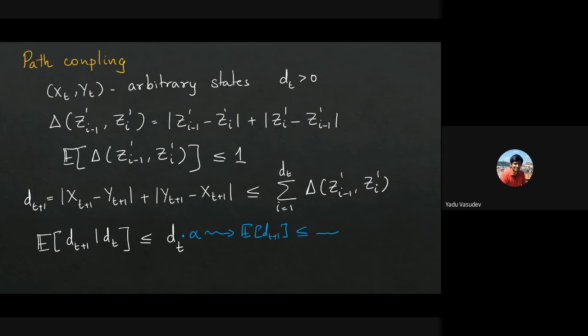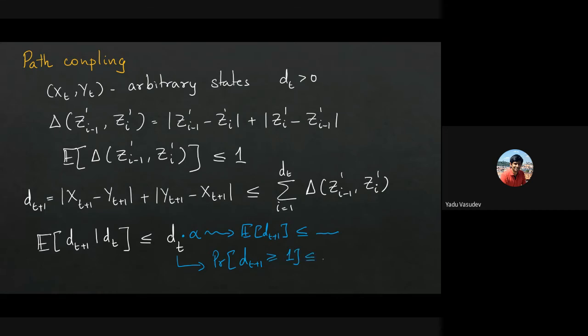But it turns out that this is sufficient to prove the bound, which is left as an exercise in the book, and I'll give some hints and give it as a problem in the problem set. You can show that this is sufficient to bound the probability that dt plus 1 is greater than 1.